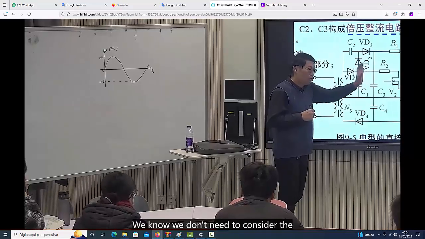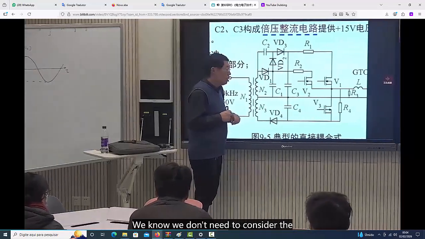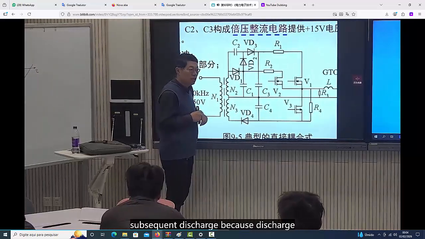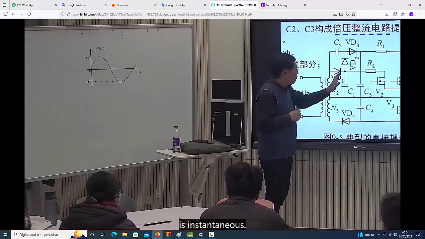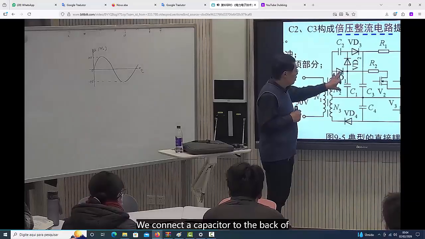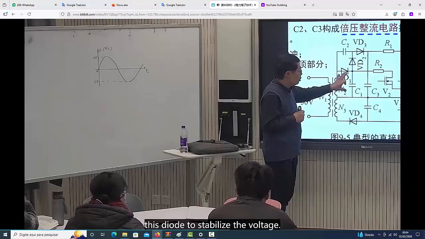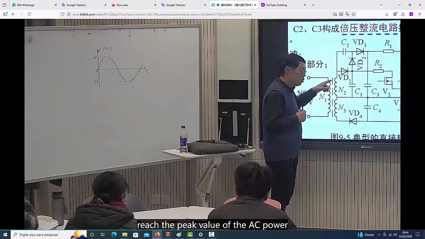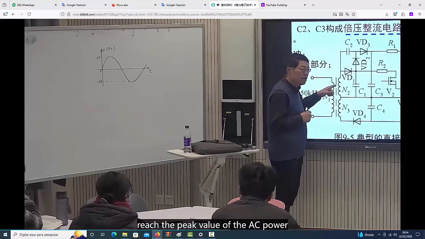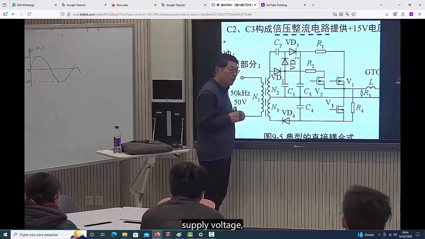We know we don't need to consider the subsequent discharge, because discharge is instantaneous. We connect a capacitor to the back of this diode to stabilize the voltage. The voltage across this capacitor should reach the peak value of the AC power supply voltage, until it reaches that peak value.